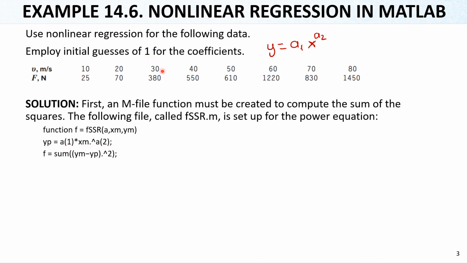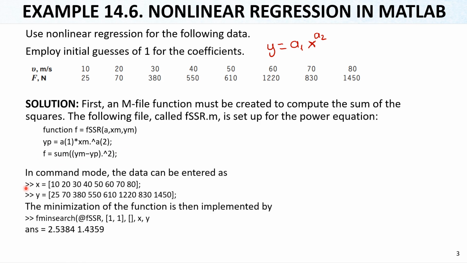Use the data, xm values are these data. Calculate y values. These yp's are the predicted y values from the function with estimated coefficients, let's say. Also, we will have ym. ym are the actual data. We have actual data values here. The difference of these, squared, and summed will give us the sum of squares, and we want to minimize this anyway. So this function is used to calculate this objective function, which has to be minimized.